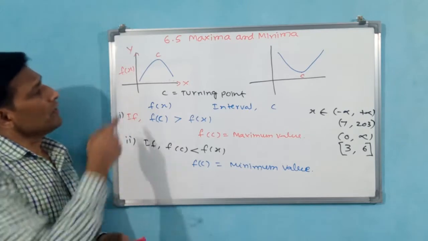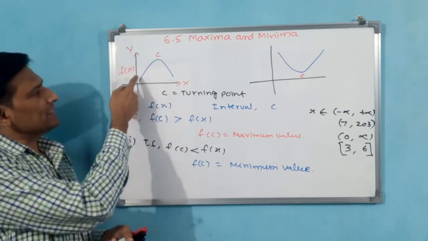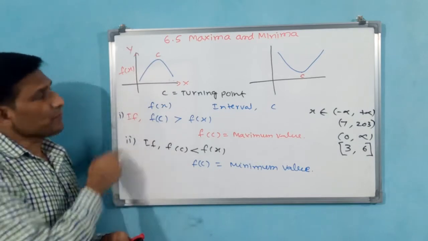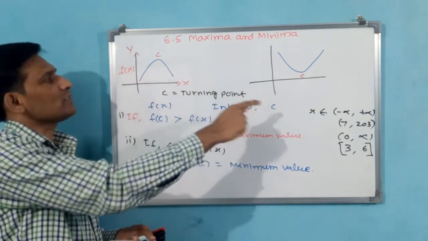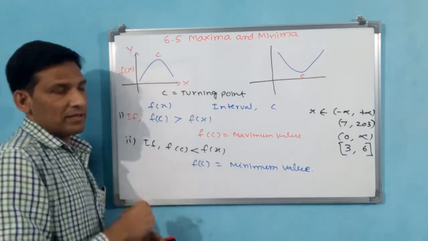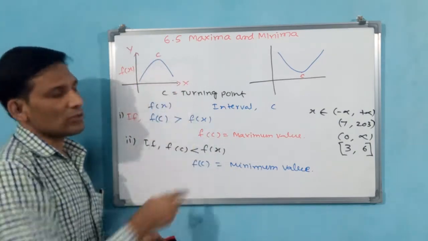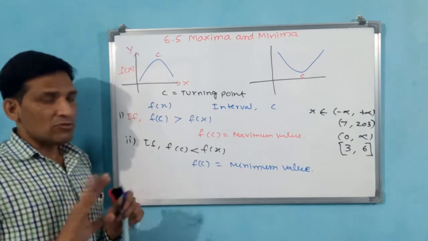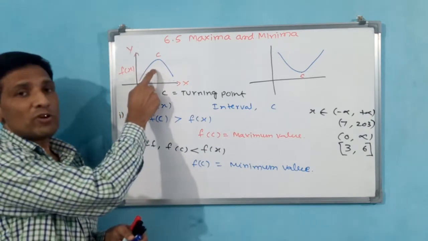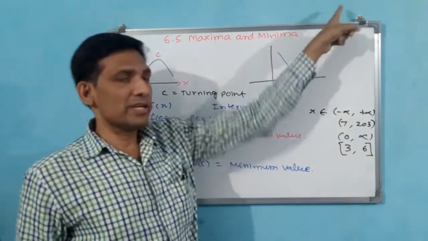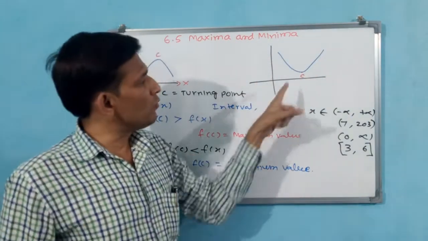And you see here, if x goes on decreasing up to infinity, this value also may go up to infinity. If x goes on increasing, then y value also may go to minus infinity. This is also minus infinity, this is also minus infinity. If any value goes to minus infinity, there is no minimum value. Here only maximum value. If any value goes to positive infinity, then there is no maximum value, only minimum value.